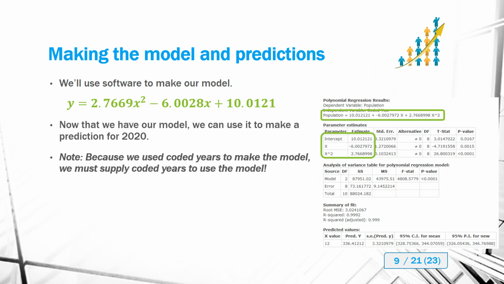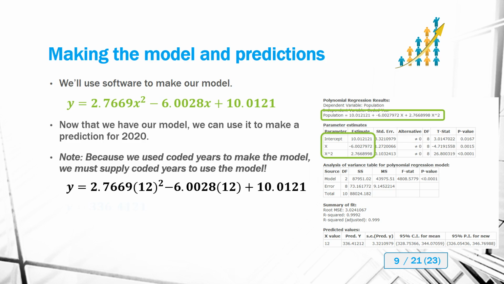So you have to format your data the same way that the data was made to use the model. So because we made the model with coded data, we have to have coded data in order to use the model for predictive purposes. So we can't put in 2020. We have to translate that to a coded year, okay? Which we do. We find that that code is 12. So 12 is the number we're going to punch in to our actual regression equation.